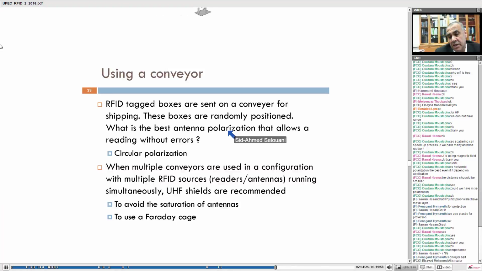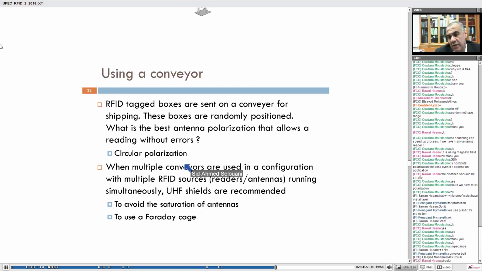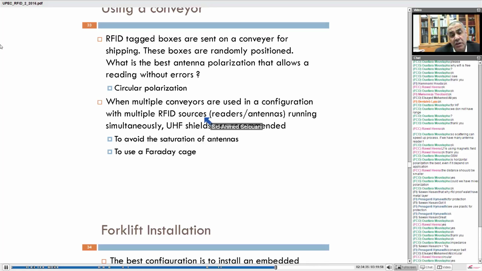What is the best antenna polarization that allows a reading without errors? I told you earlier that if you do not know the position of your tags, because it is random here, the circular is the better.